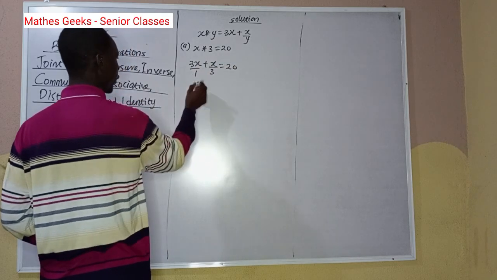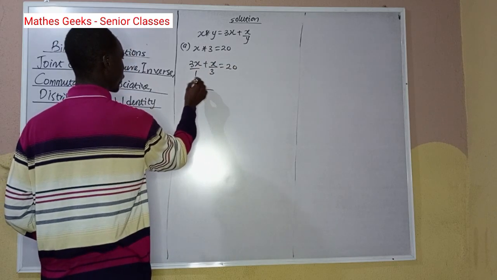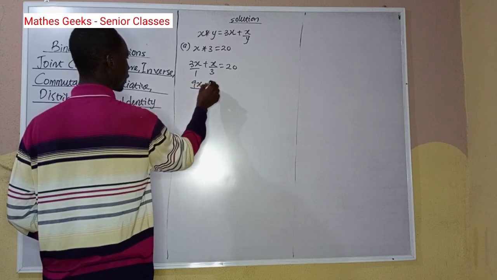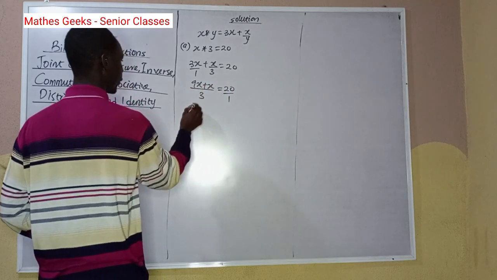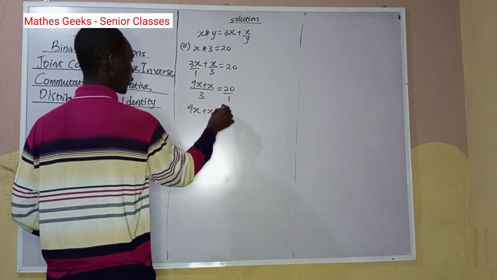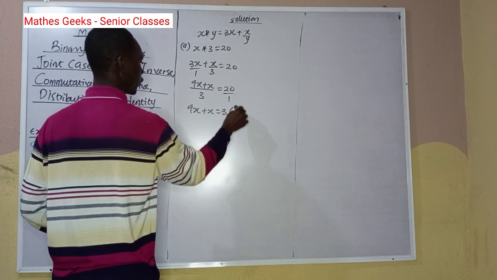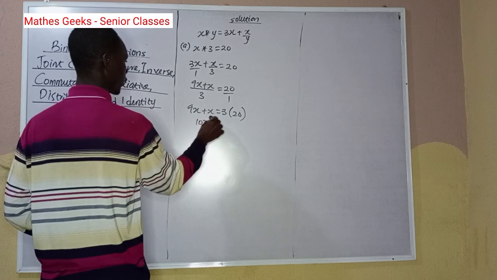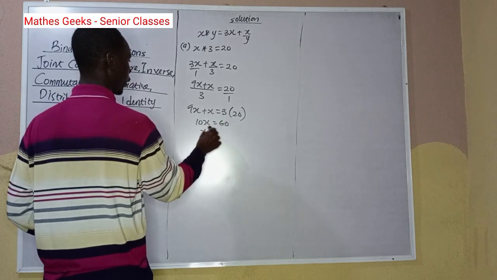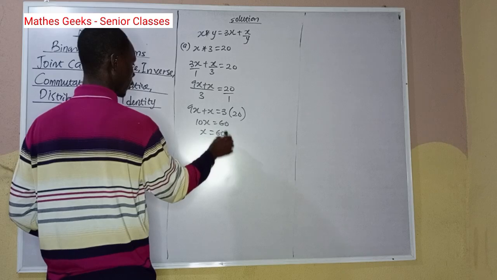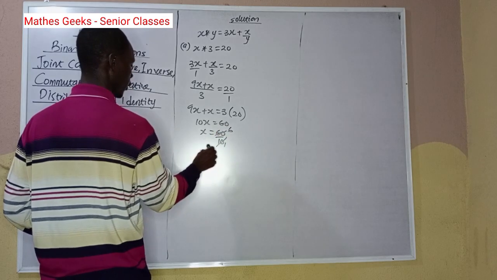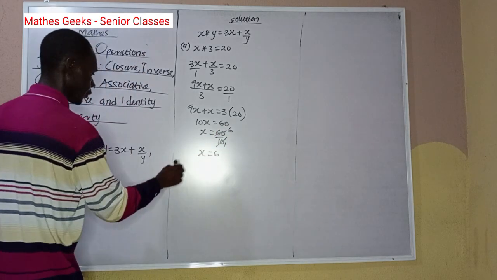X over 1. LCM is 3, 9x plus x over 3 equal to 20 over 1. Cross multiply: 9x plus x equal to 3 times 20. So 10x equal to 60. And x is 60 over 10. So x is equal to 6.